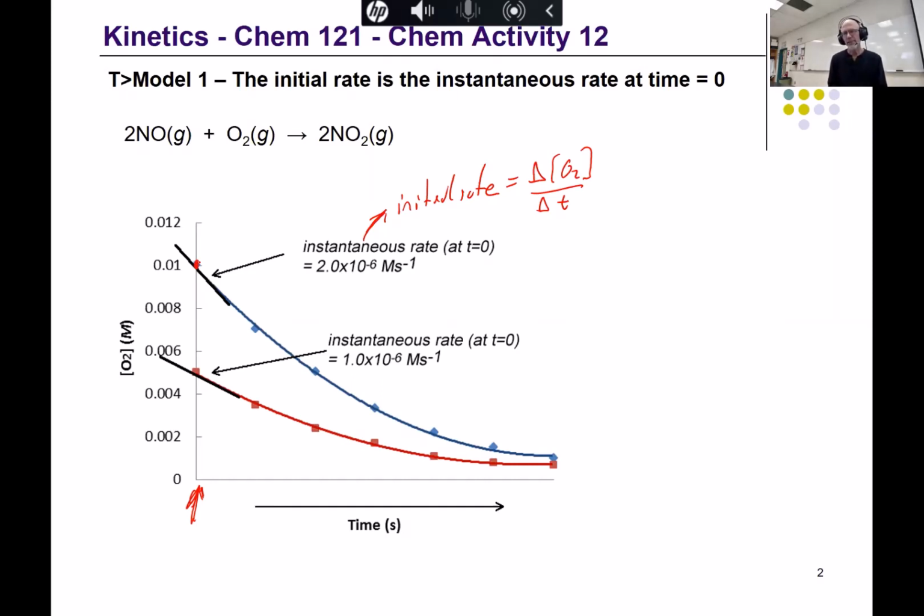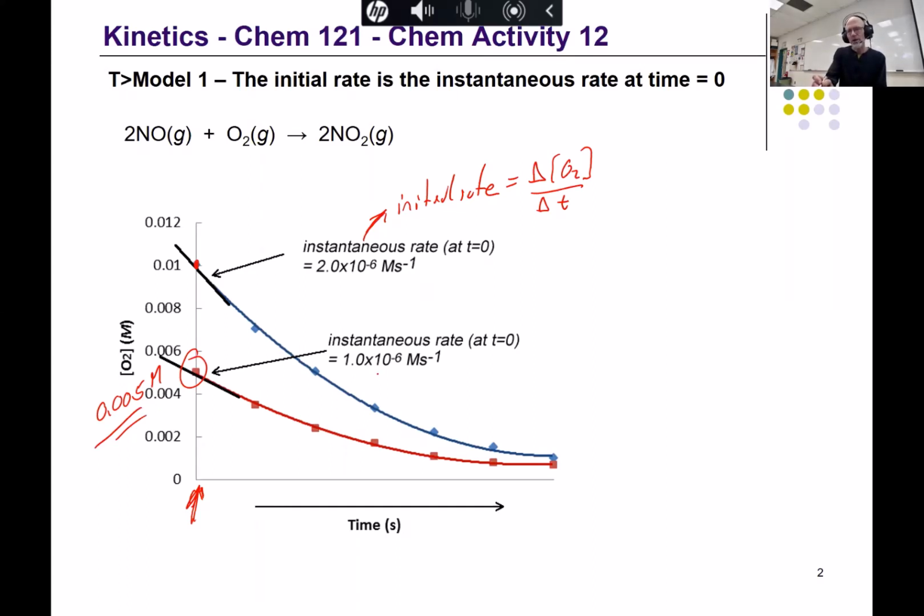Now you can see that I'm looking at the instantaneous rate under 2 different conditions. I'm looking at what the rate of disappearance of oxygen gas is when the initial concentration is right here, which would be 0.005, and then whatever the number of significant figures.